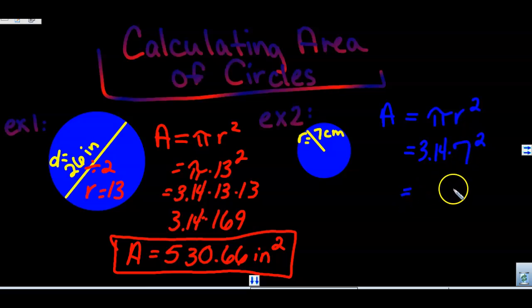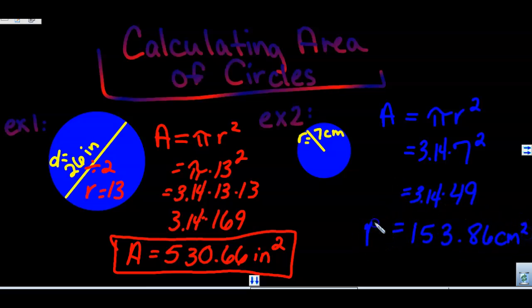Doing the exponents first, 7 squared is equivalent to 49. And 3.14 times 49 is 153.86. Put in our labels. We're talking about centimeters squared. So the area of this second circle is 153.86 centimeters squared.